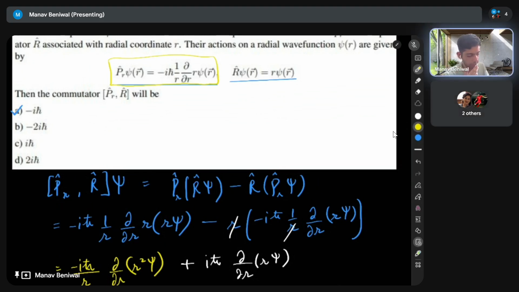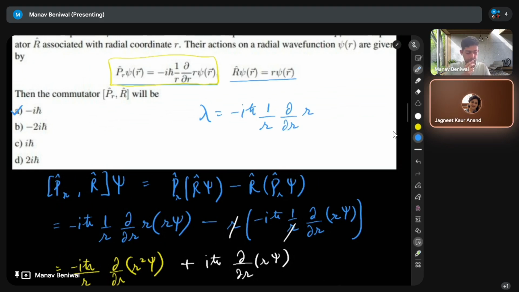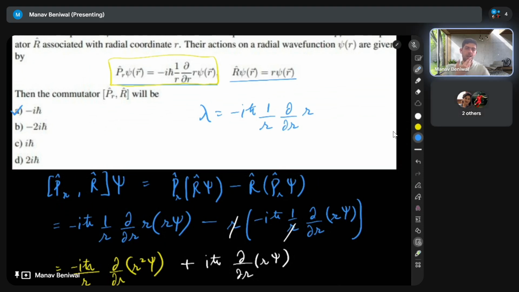If we compare this with our standard eigenvalue equation, then our lambda here is minus iota h cut 1 by r and del by del r into r. Those are not constants. So this is not an eigenvalue equation.